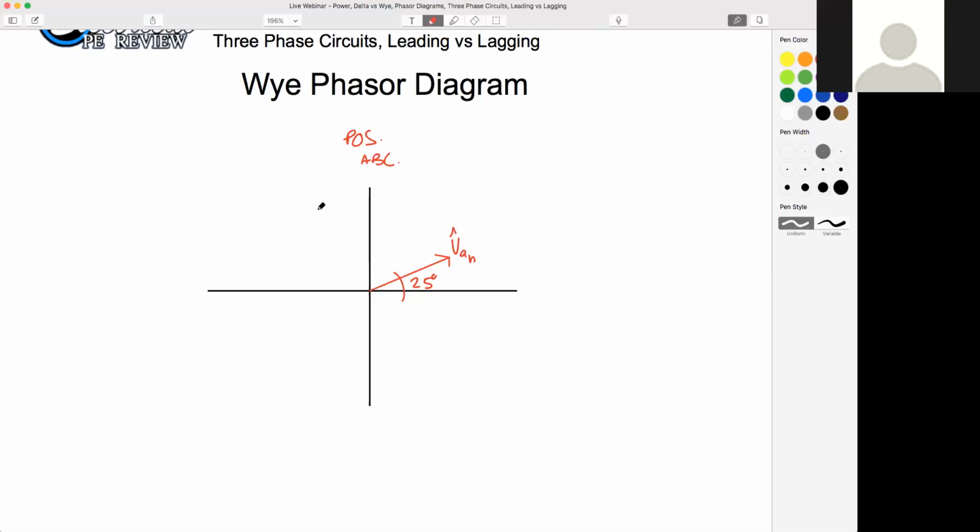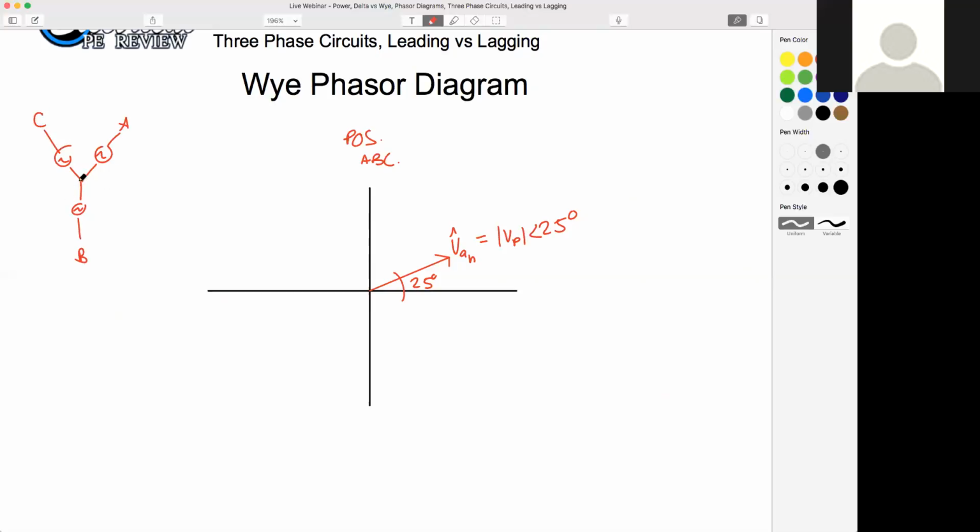So my A phase voltage has a magnitude of the phase voltage, and it's at an angle of 25 degrees. I'm just going to draw a Y source for reference out here on the side because I like my references. They help me a lot. So we'll say this is A, B, C.